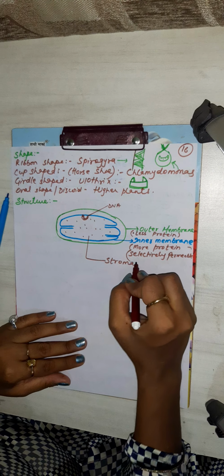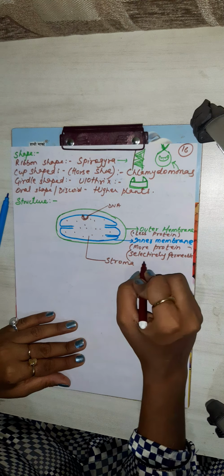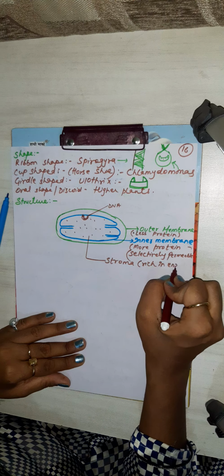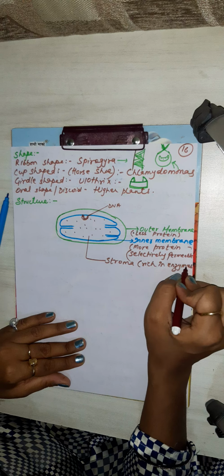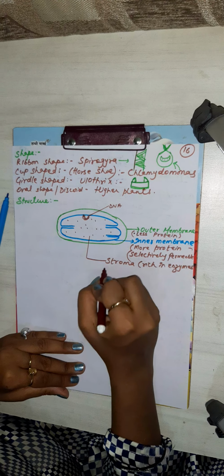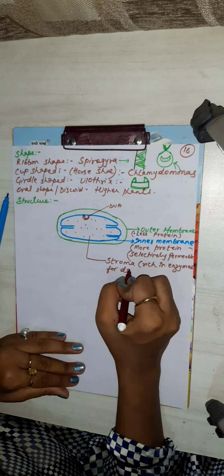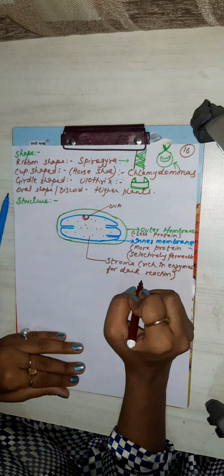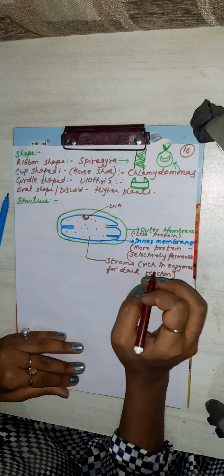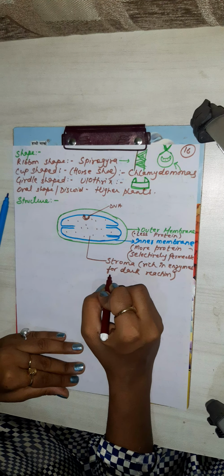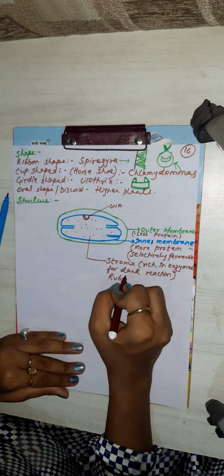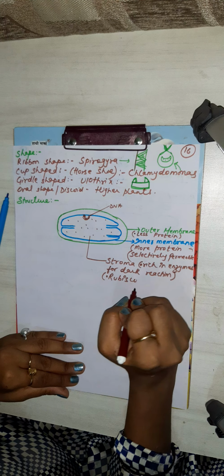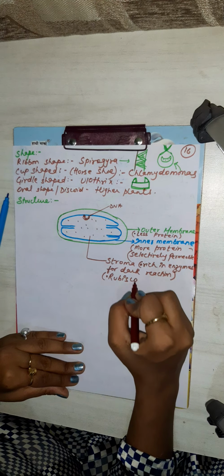So stroma is rich in enzymes for dark reaction. And what else is found? And most abundant is RuBisCO. RuBisCO is most important.